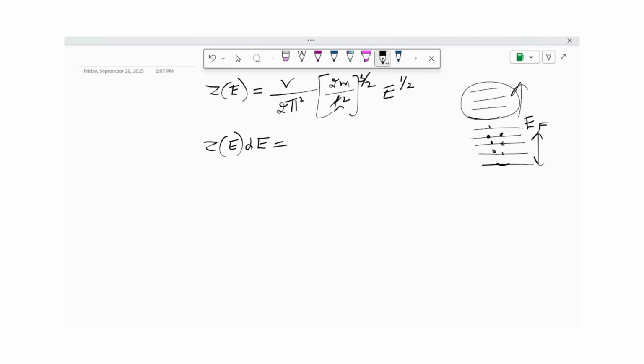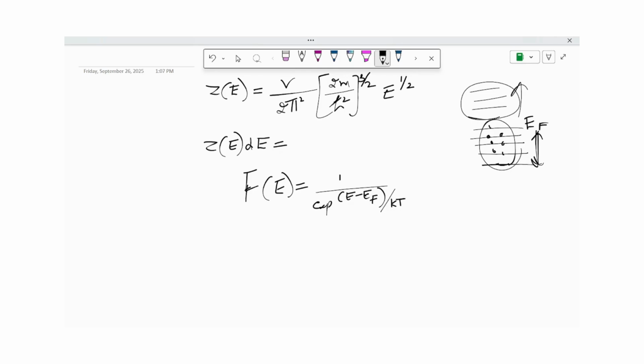Also, Z(E)dE is telling me the number of density of states. So, for the states which are below the Fermi level, we will be having electrons, and above there will be no electrons. So, the density of the states will be decided only by the levels which are below the Fermi level.